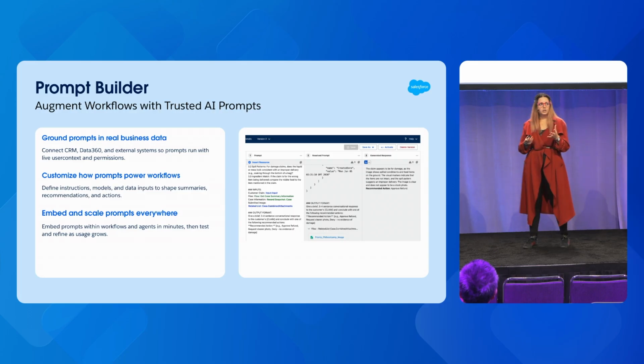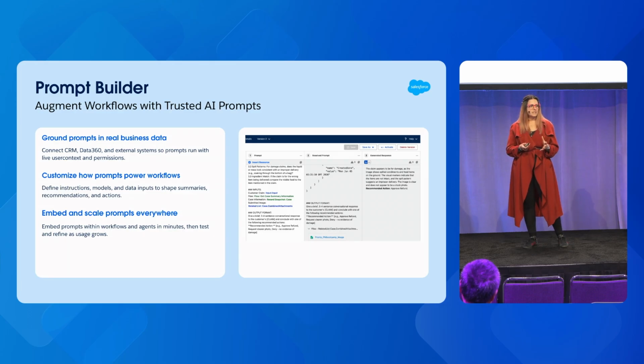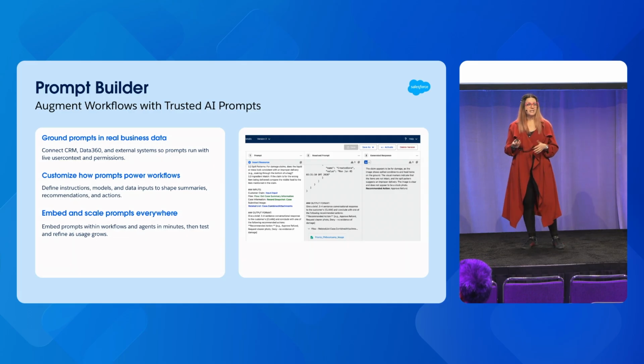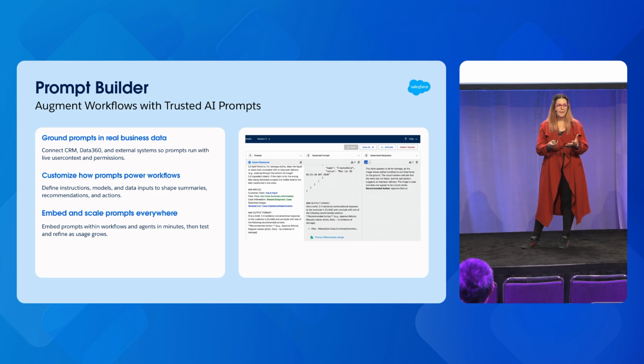First, we ground it in trusted data, so the outputs have the required customer context. Second, we let you customize the instructions and the tone. And third, but not least, we embed these prompts into workflows, so there is no context switching.